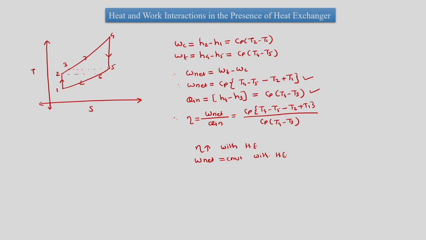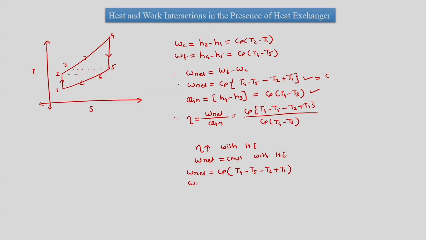Now let us see the same thing in terms of plot. Here we can further simplify the expression for W net, which is Cp into T4 minus T5 minus T2 plus T1.